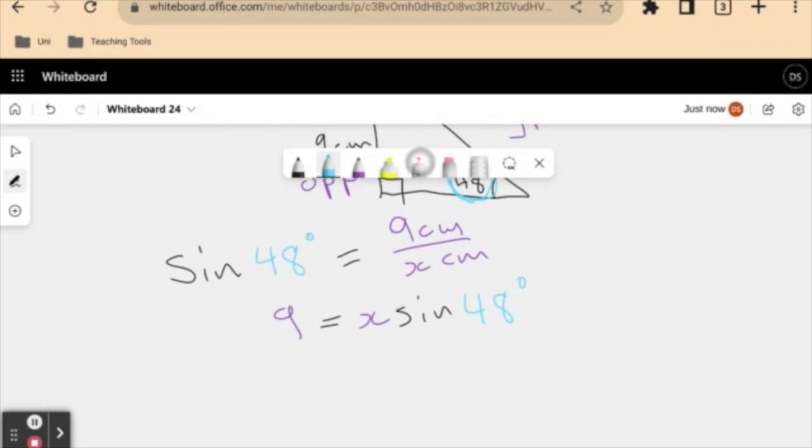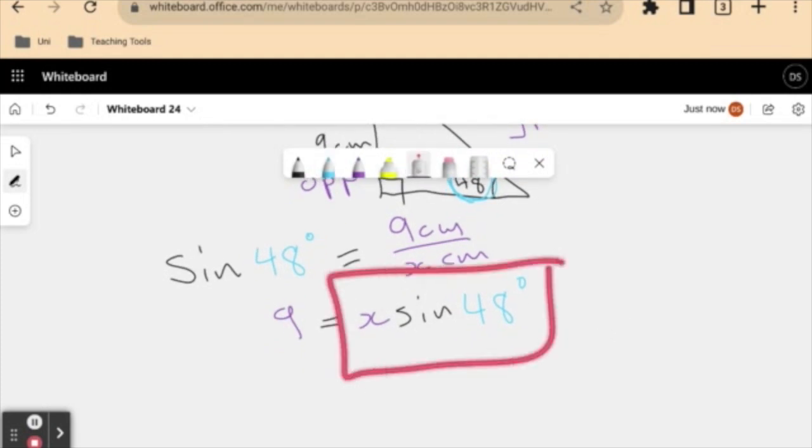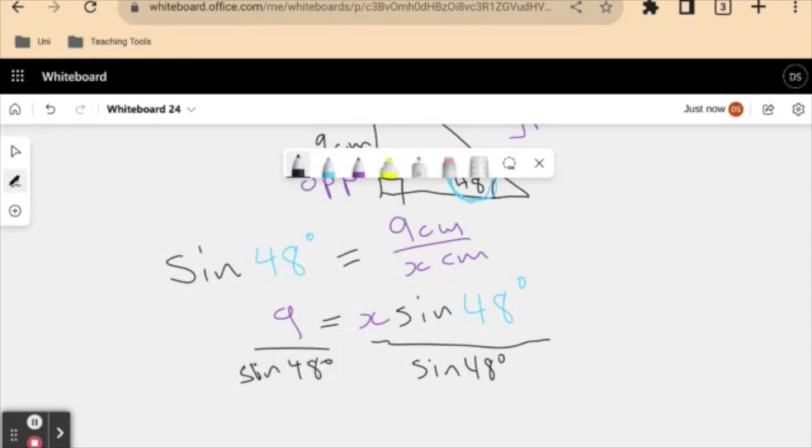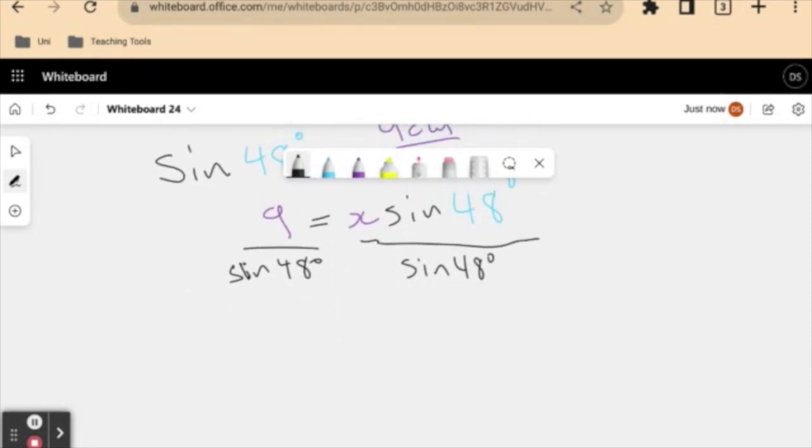Now, we can once again rearrange this to solve for x. So we can divide both of these sides by sine 48 degrees, and that will get rid of it from my right-hand side. So we have sine of 48 degrees, and this side will get divided by sine of 48 degrees. Now, I'm going to write this again a bit nicer.